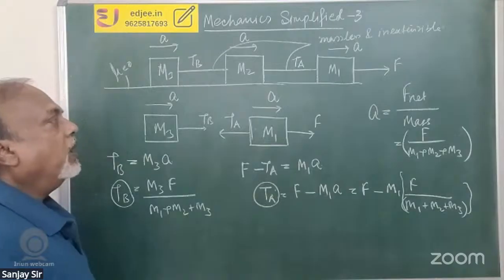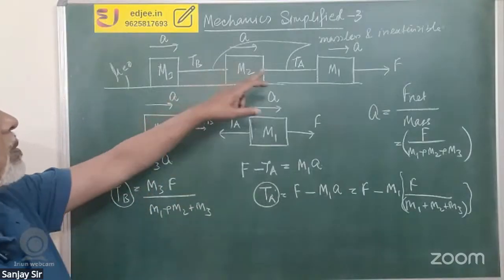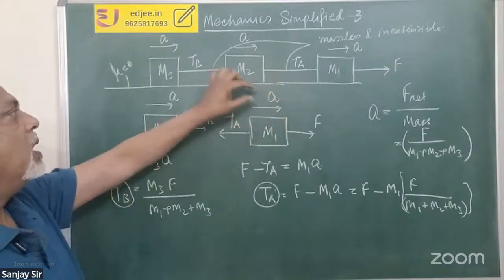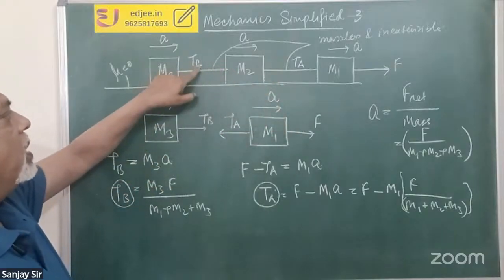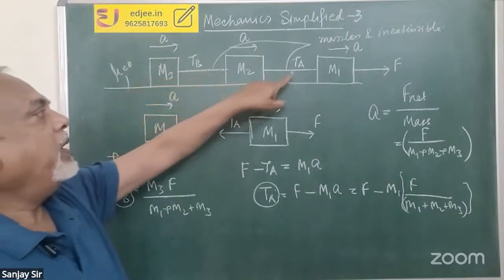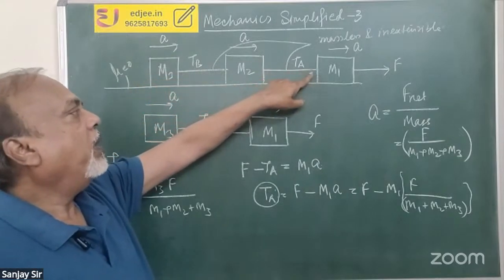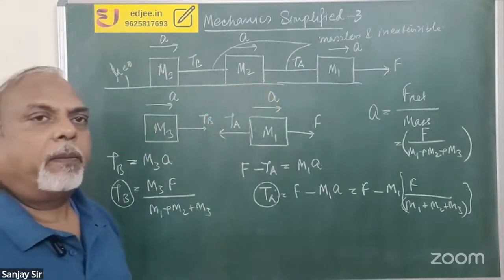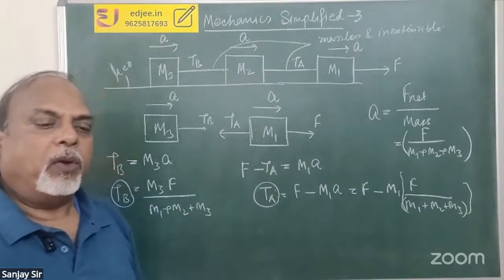This is how you can find out. Mind it, since the string is massless and inextensible, that's why this tension TB will be same all along in this string and TA will be same all along this string. Correct? I hope this is clear.